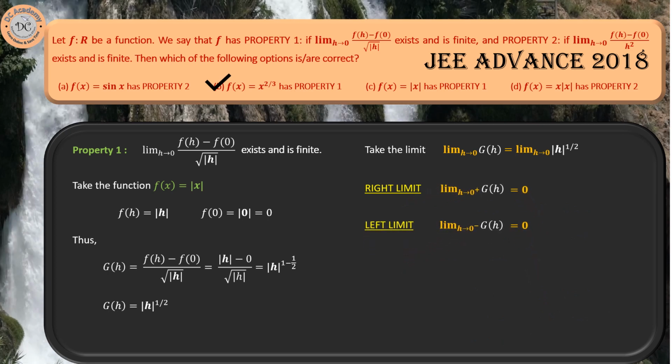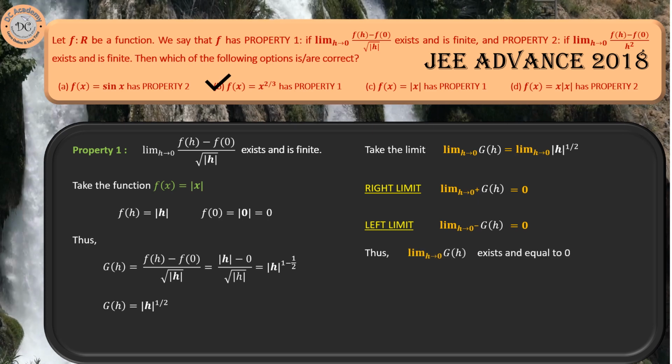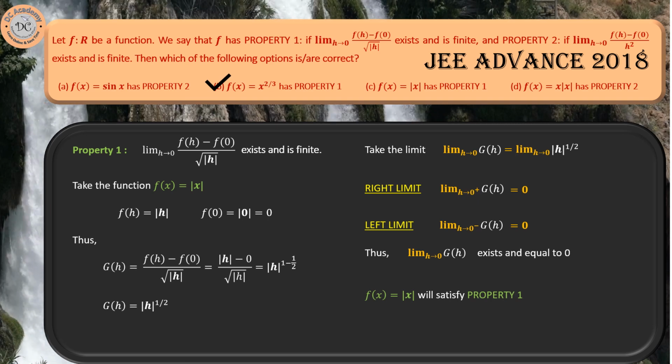Right and left limit are equal. So we can easily say that limit h tends to 0 of g(h) exists here and is finite. So f(x) equal to mod x will satisfy property number 1 here as well. So option C is also correct. So B, C are correct now.